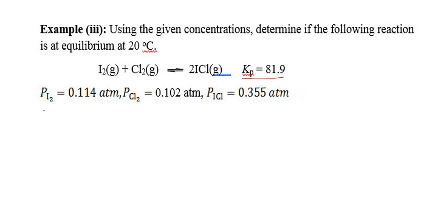So for this expression, Qp is given by P squared ICl divided by P I2, that is the pressure of I2 and the pressure of Cl2.